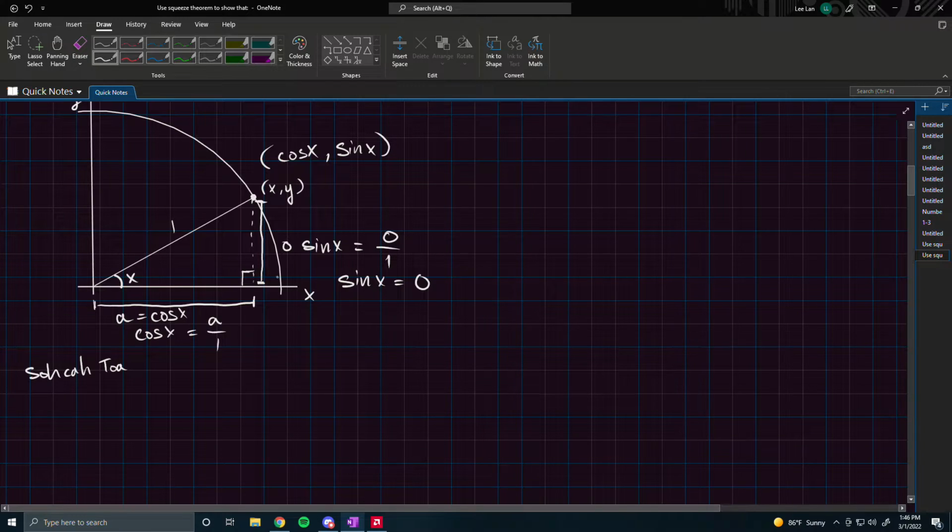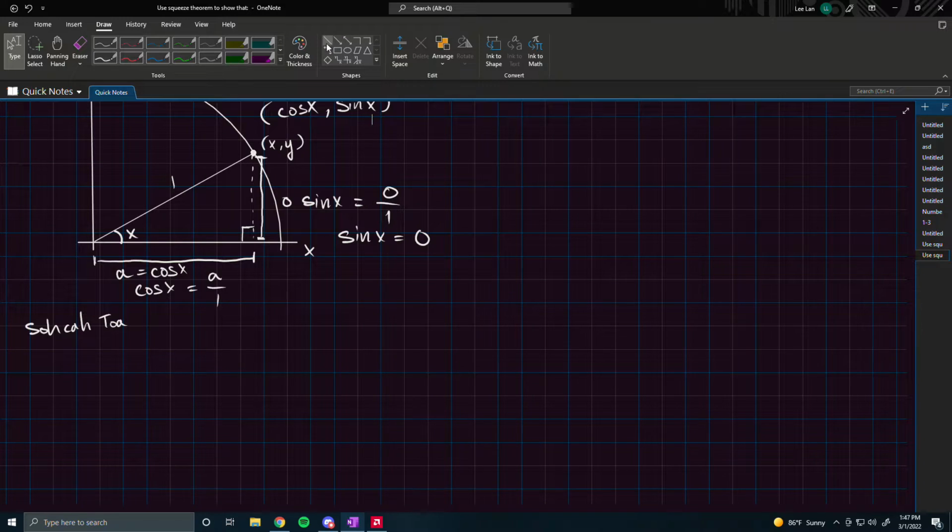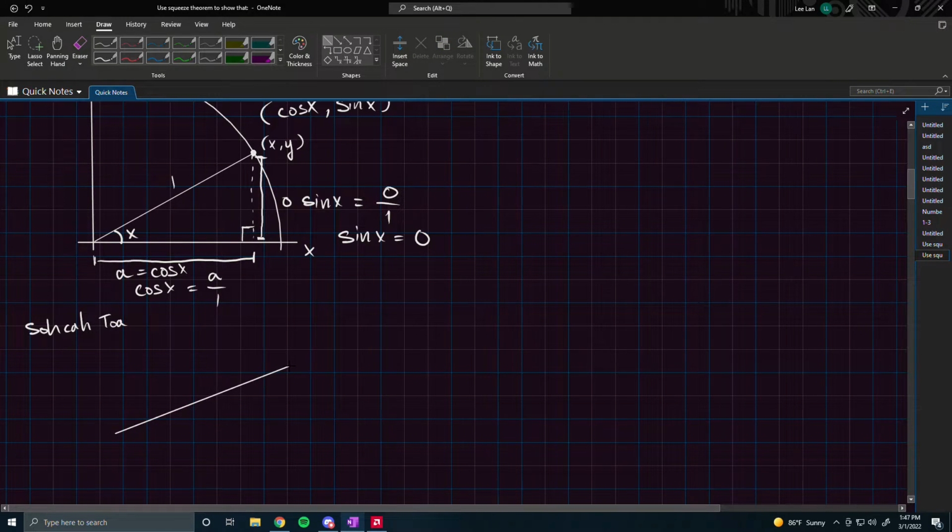I am sine x units away from the origin in the y direction. So these are my coordinates. So we have a triangle, and this distance is cosine x, this distance is sine x, and this distance is 1.